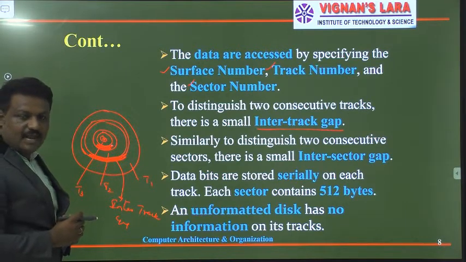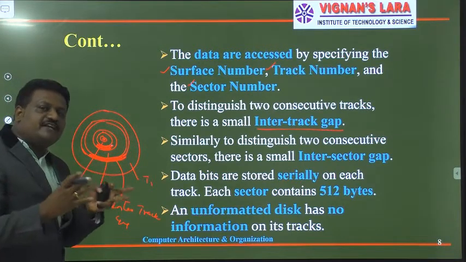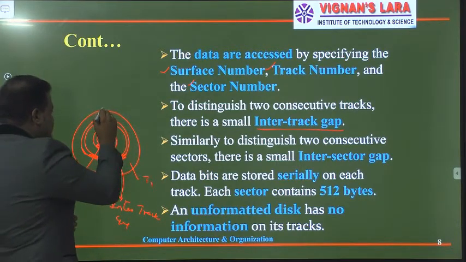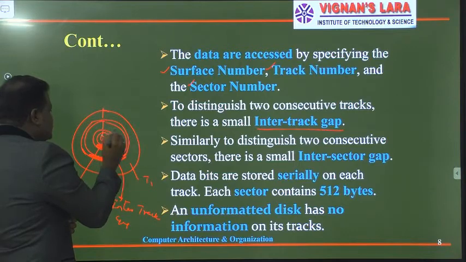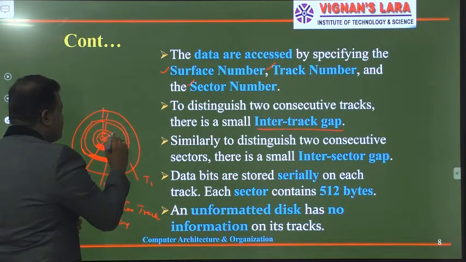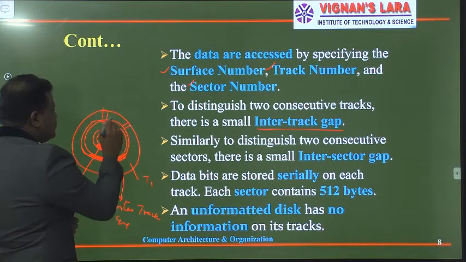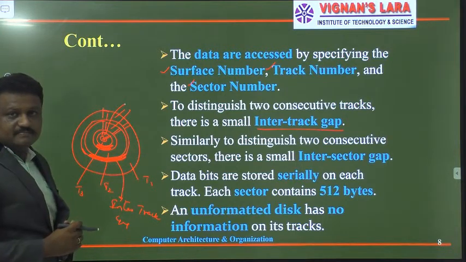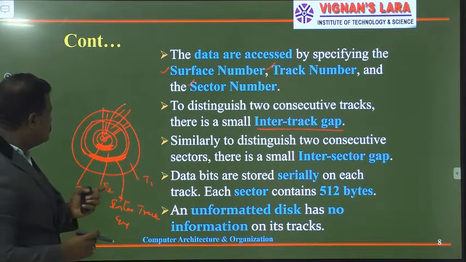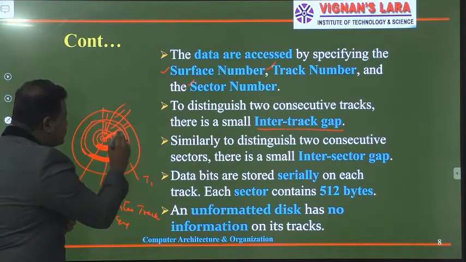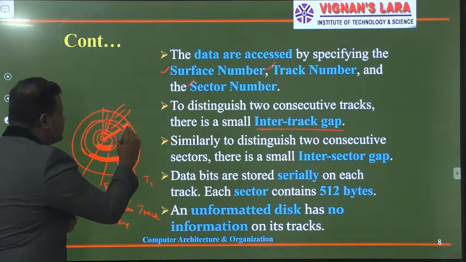And we know that each and every track can be divided into a number of sectors. For example, it is like this. So this is one track, this is another track, and this is another track. Are you observing, guys? There is a small gap between sectors.